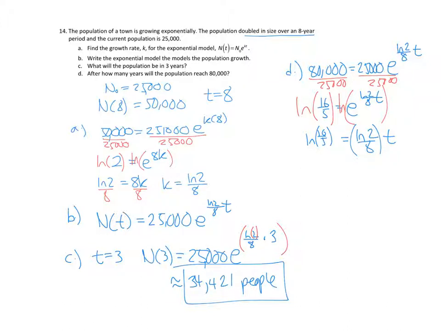So t is equal to the natural log of 16/5 divided by the natural log of 2 over 8. And plug that into your calculator and make sure you get approximately 13.42 years.